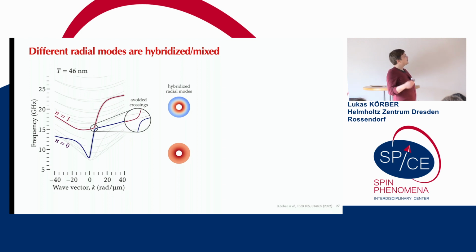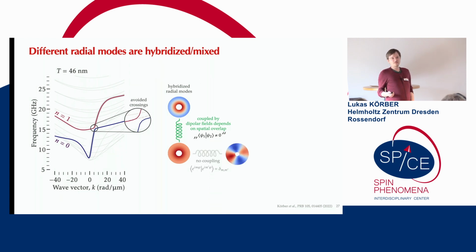And what we see here is something quite generic for spin waves in thickish magnetic layers or shells, because these two modes are hybridized by dynamic dipolar fields. This is because in a very loose sense, they have a non-zero spatial overlap with each other. And with that, you can already guess that modes with different azimuthal indices, or different number of azimuthal periods, can never hybridize due to these dynamic dipolar fields because their wave functions are basically orthogonal with each other.